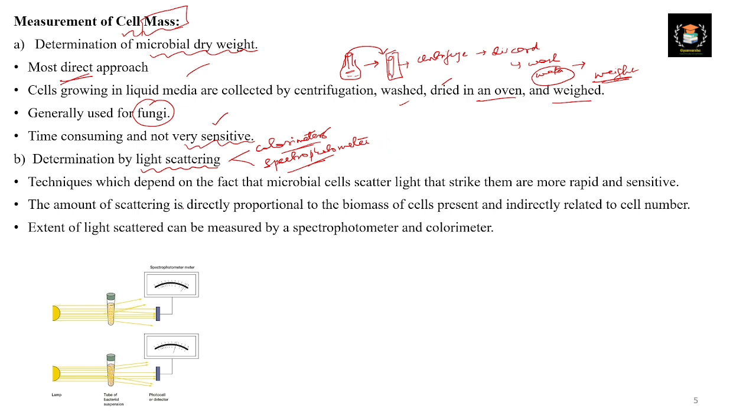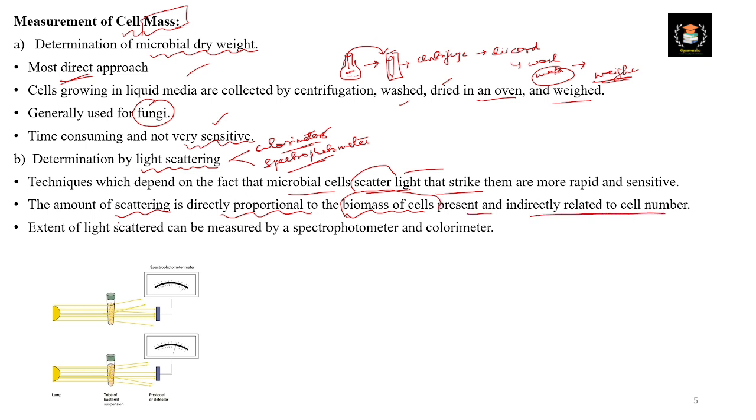They depend on the fact that microbial cells scatter light that strikes them. The amount of scattering is directly proportional to the biomass of cells present and indirectly related to the cell number.